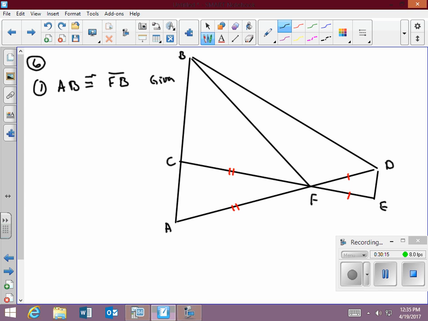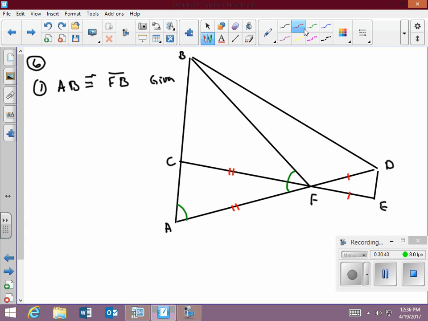And this is going to be figuring out the size of the angles. Because AB and FB are congruent, we can say that this and this are congruent, right?